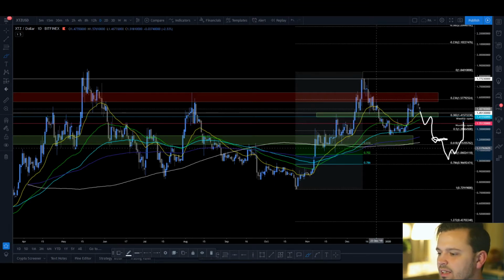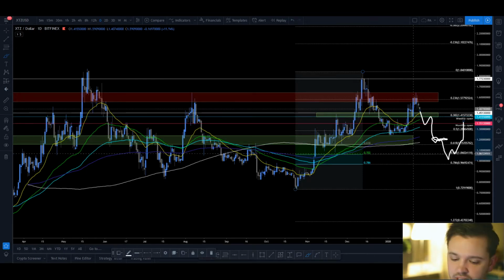Seeing as we have the daily 21 EMA, the 200 EMA and the 200 SMA right on this support here makes me think that we might actually see a pretty powerful bounce in this area. But ultimately, if we are going down lower, I want to see a move down into the RLC.